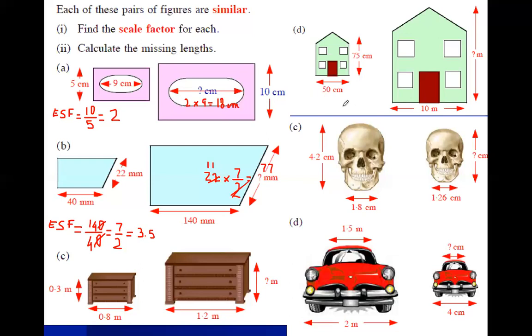So now, with the enlargement scaling factor, you need to be careful, because you need to change the 10 meters, for example, into centimeters, or the 50 centimeters into meters.